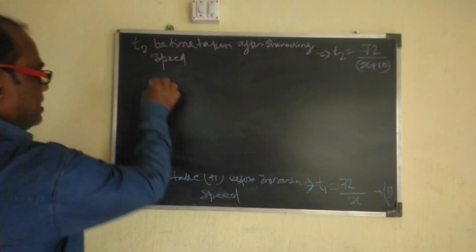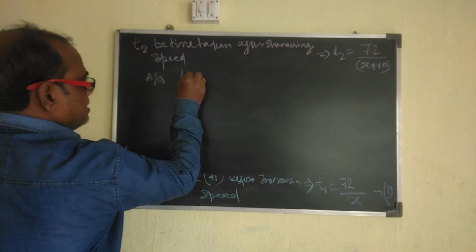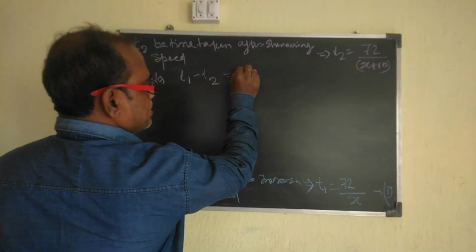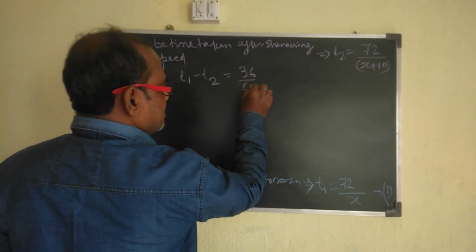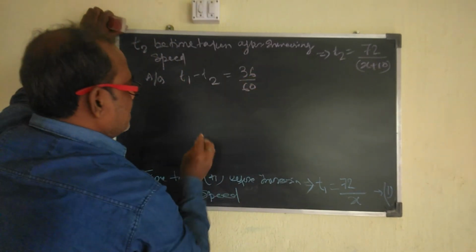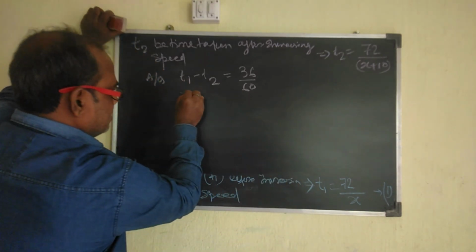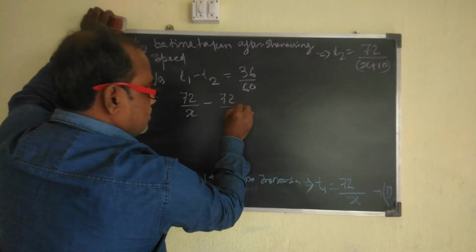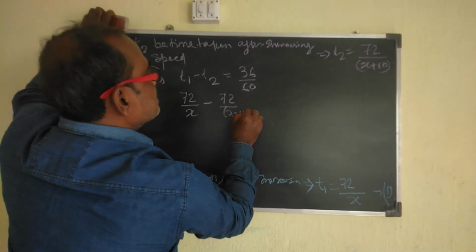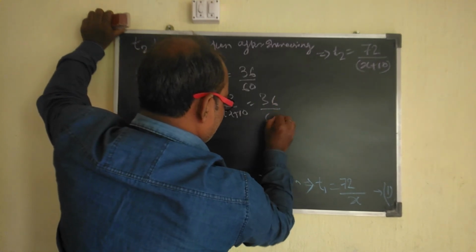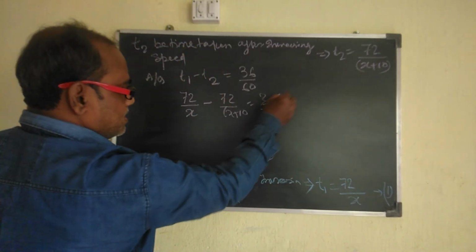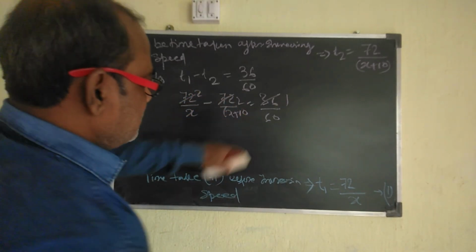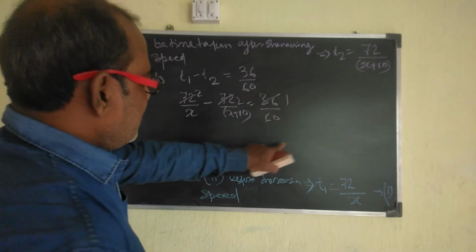Now according to the question, t1 minus t2 is equal to 36 minutes, that is 36 by 60 hours, since we have changed to kilometers per hour. t1 was 72 by x, so 72 by x minus 72 by x plus 10 is equal to 36 by 60. Okay, so dividing by 36, we get 2 by x minus 2 by x plus 10 is equal to 1 by 60.